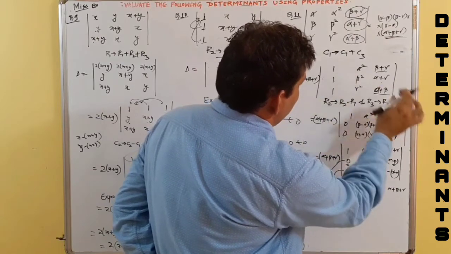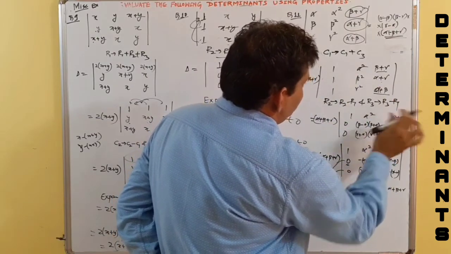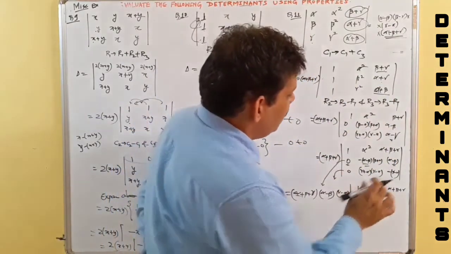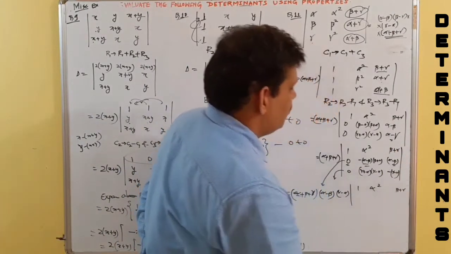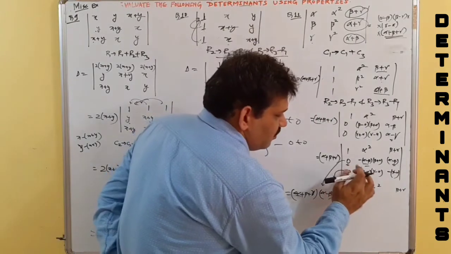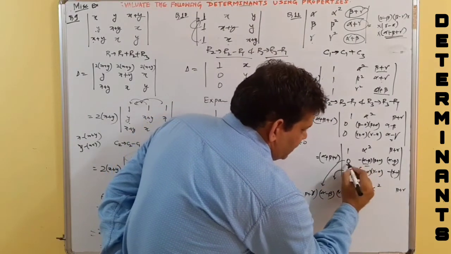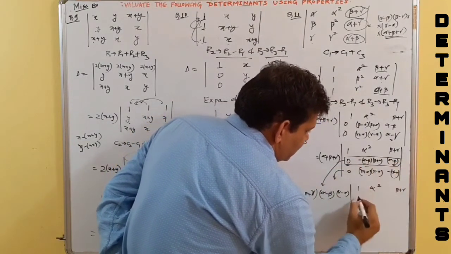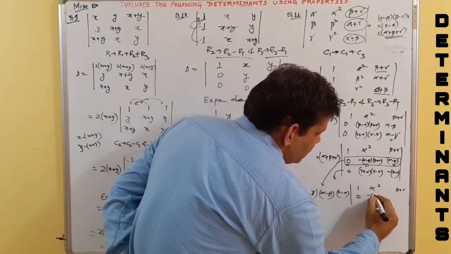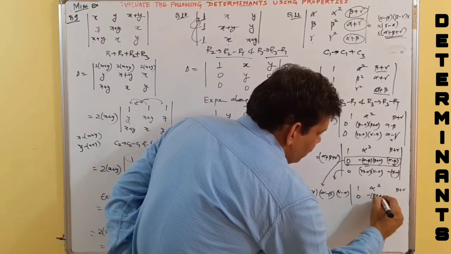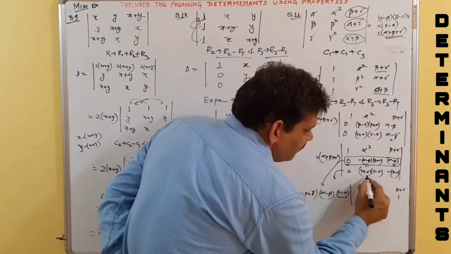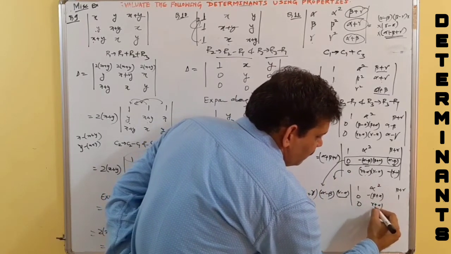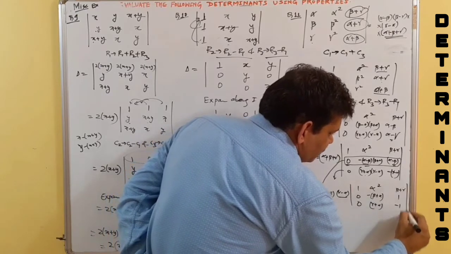There was no change in R1 actually. This was beta plus gamma only. Well, now if I take alpha minus beta common from this, what I get is 0, minus times of beta plus alpha, and 1. Here if I take gamma minus alpha common, here gamma plus alpha, and here minus.